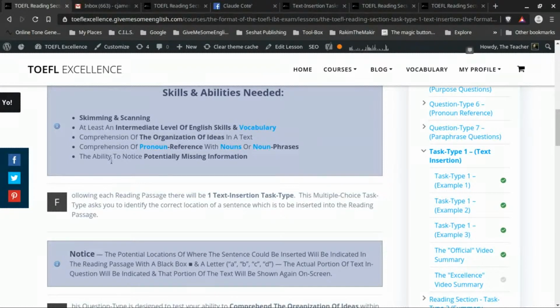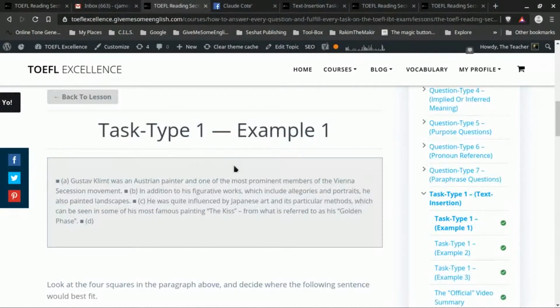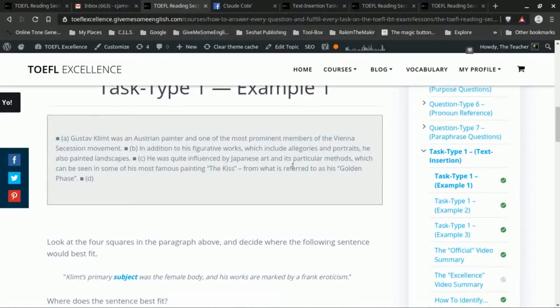You'll also have to have a good comprehension of pronouns and how they refer to nouns and noun phrases, because one of the master skills that you will use is noticing when there is a pronoun, perhaps at the beginning of a sentence, maybe like at the beginning of the sentence after a box, they might have a pronoun like here, they say he.